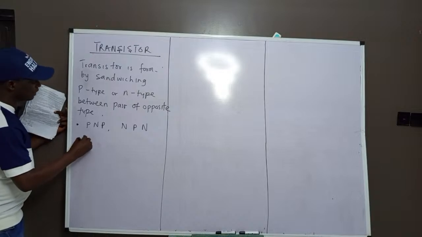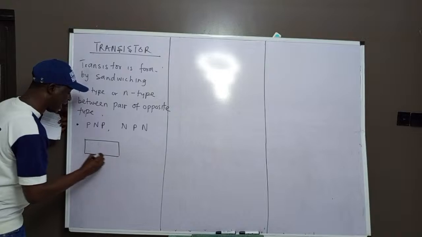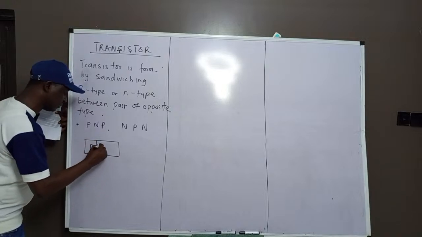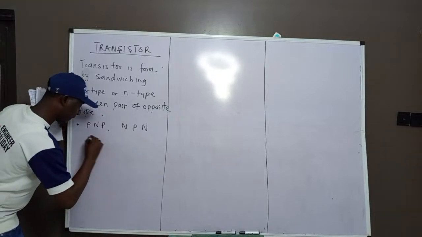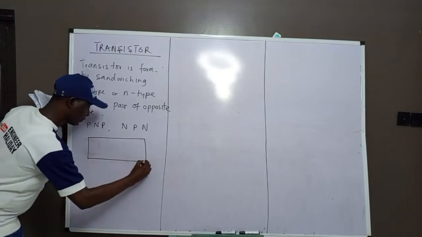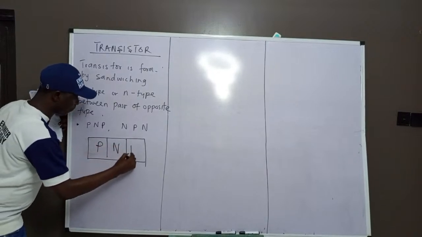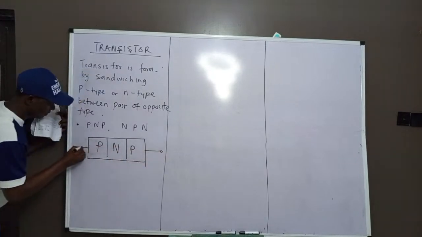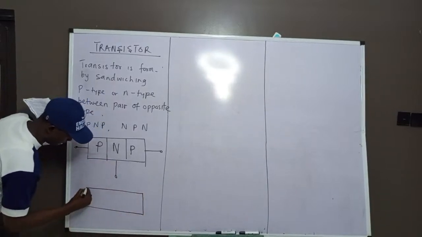Now, when a P and another P combine with N, look at what I want to have here. Let me make it bigger. P and P. And we have another one here.